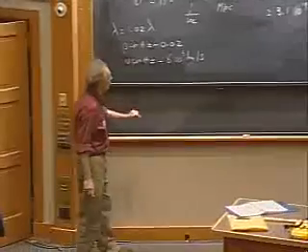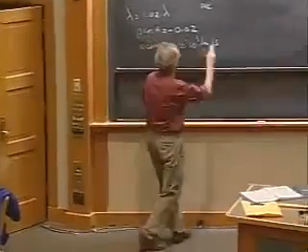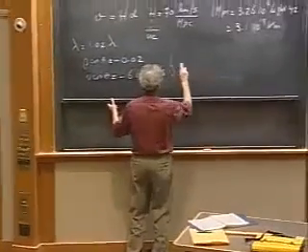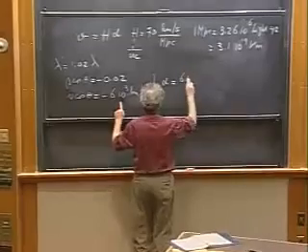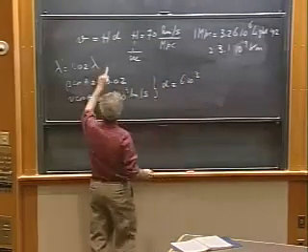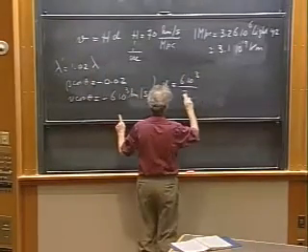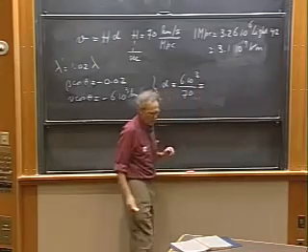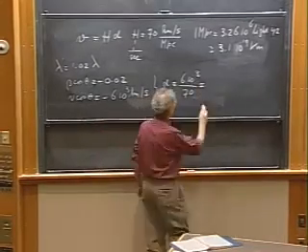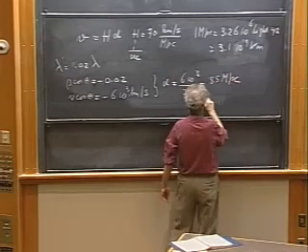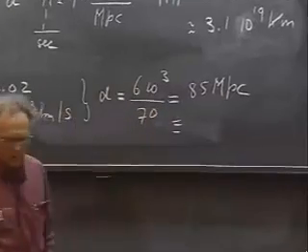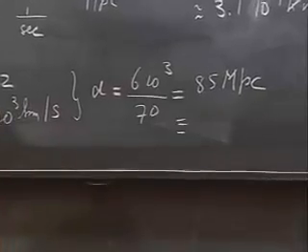If you trust Hubble's law, you can now calculate what d is. So d is our 6,000 kilometers per second divided by 70, and so you get the distance in megaparsecs, which is 85 megaparsecs, and that corresponds to about 280 million light years.